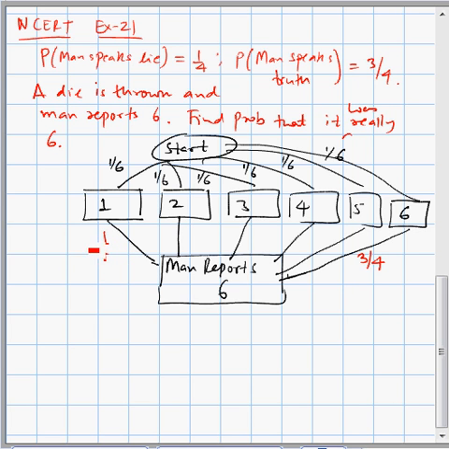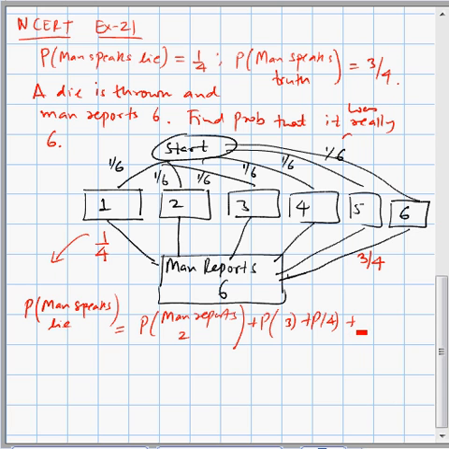or you will do it like this: that if die shows 1, probability man speaks lie is same as probability man reports 2, because there's one way he can lie. He can say number 1 and number 2. Probability reports 3, reports 4, reports 5 and reports 6. So these are 5 ways in which man can speak lie.